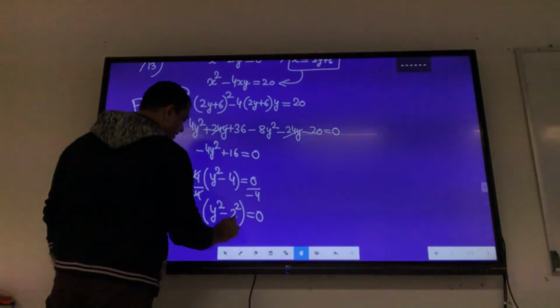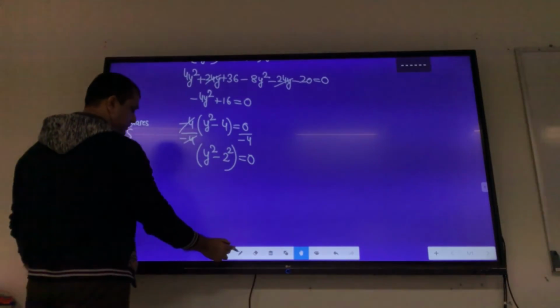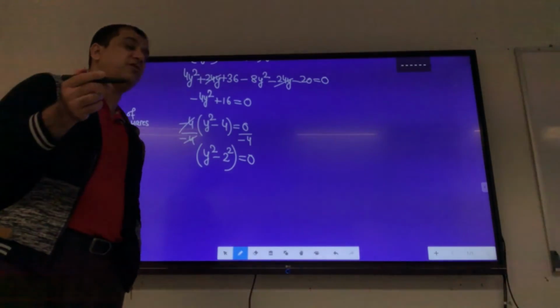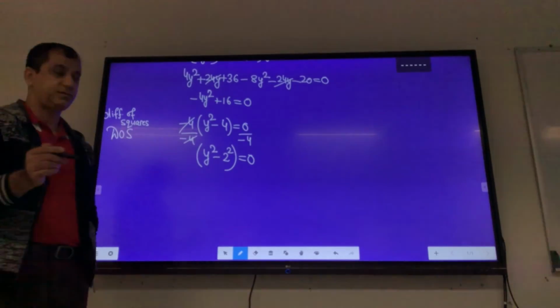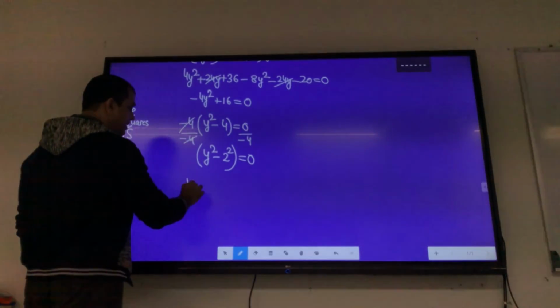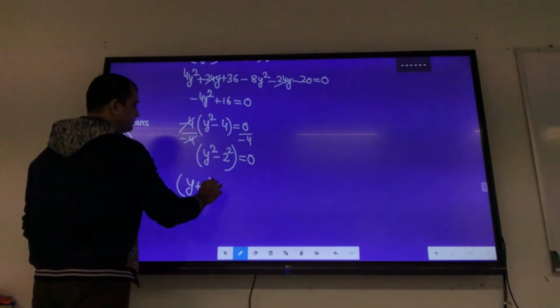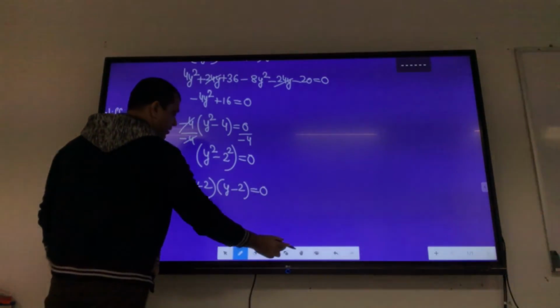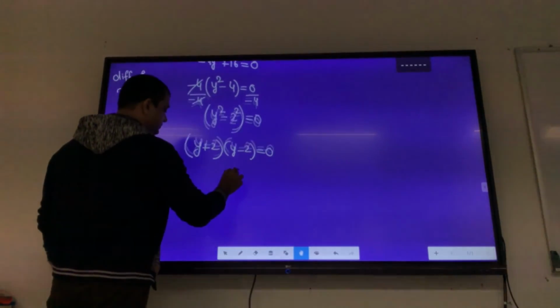Now we can apply the difference of squares method. The difference of squares is the product of the sum and difference of the numbers, one time plus, one time minus. Now make a partition here.